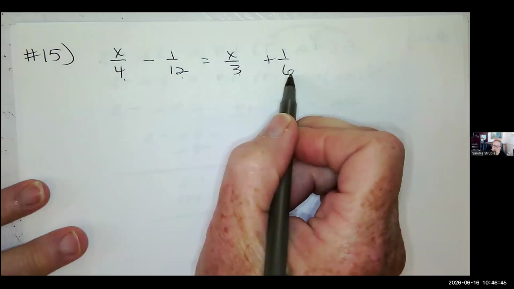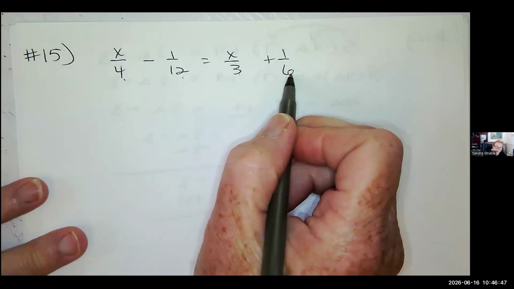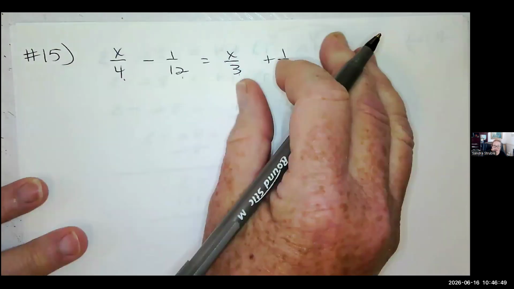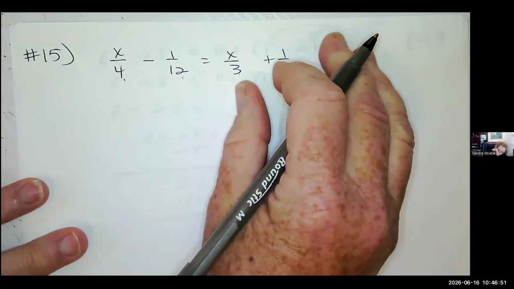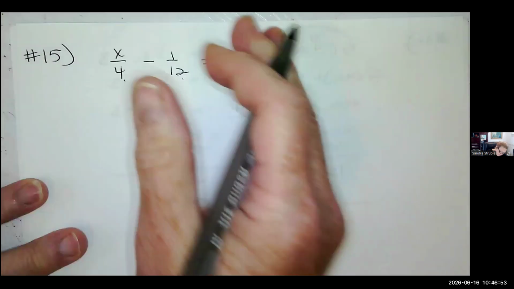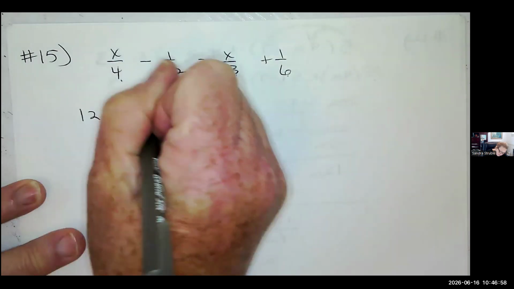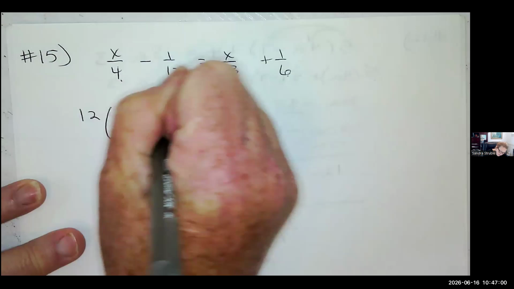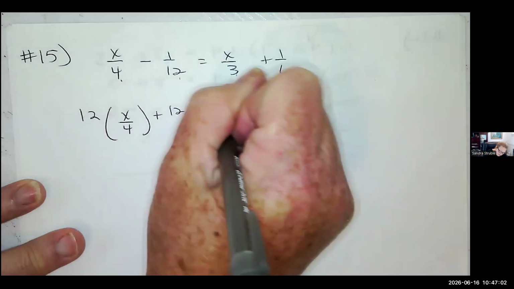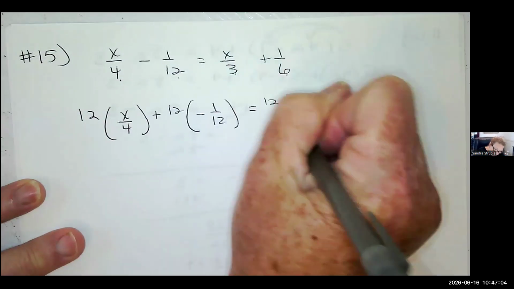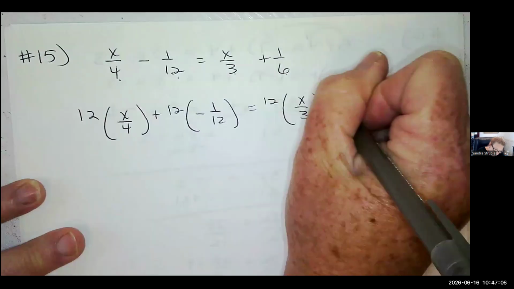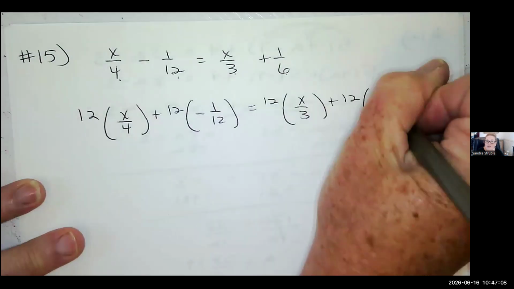So I'm going to multiply both sides of my equal sign by 12, which is the same thing as multiplying every single term by 12. So 12 times x over 4 plus 12 times negative 1/12 equals 12 times x over 3 plus 12 times 1/6.